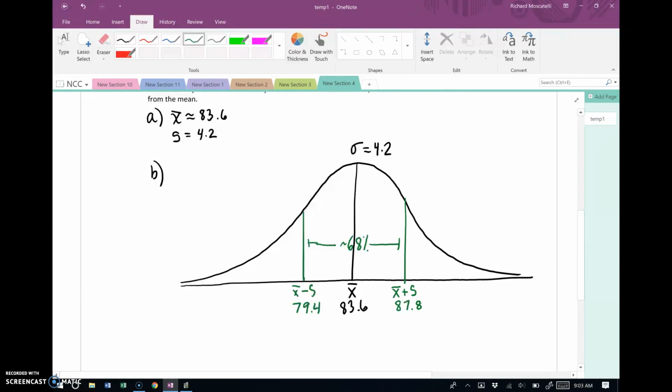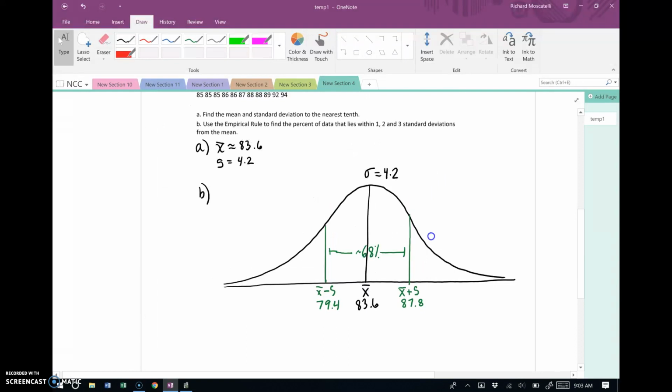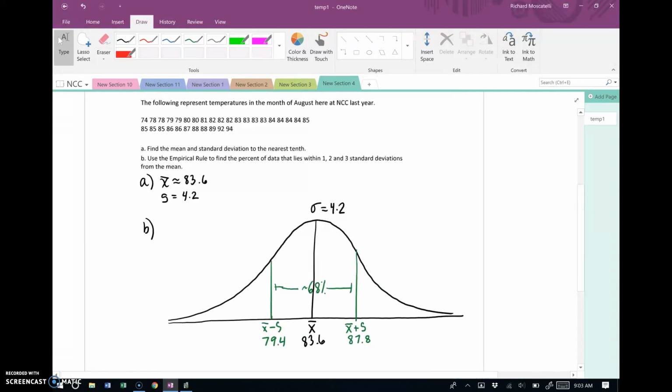The empirical rule says we're supposed to catch 68% of the data, so let's see what we actually catch. Looking at the data between 79.4 and 87.8, I start catching at 80, which is the first value, and I stop counting at 87.8.